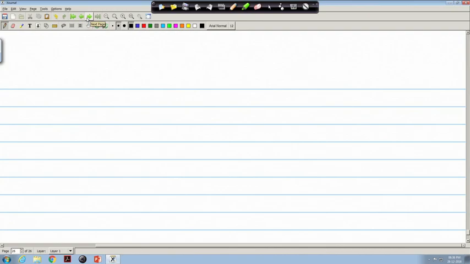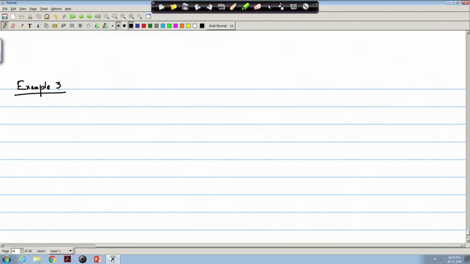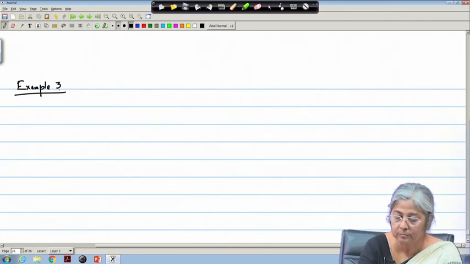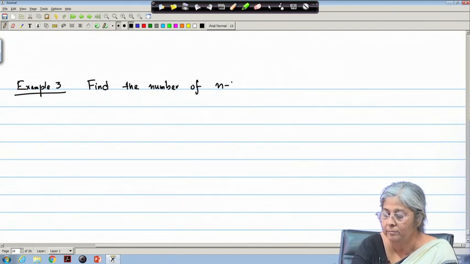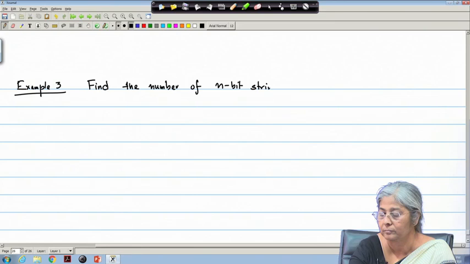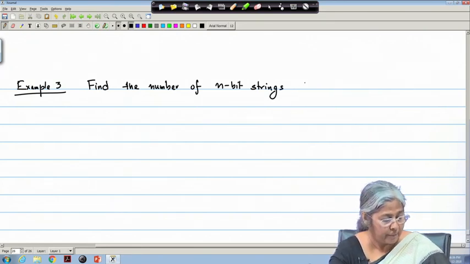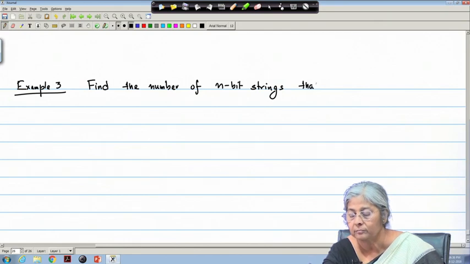Now, we look at another example. We find the number of n bit strings that do not contain 111.